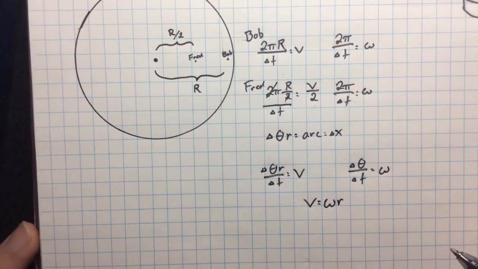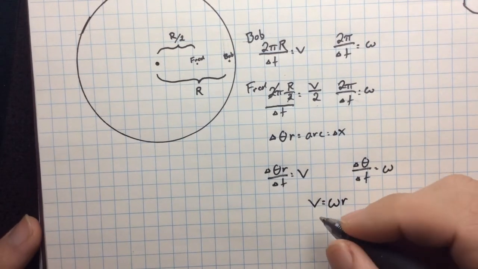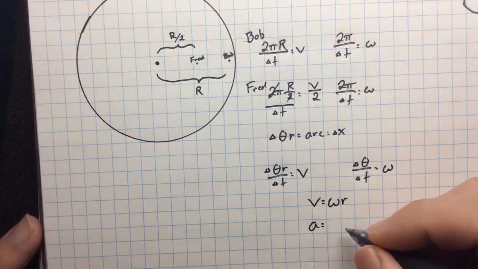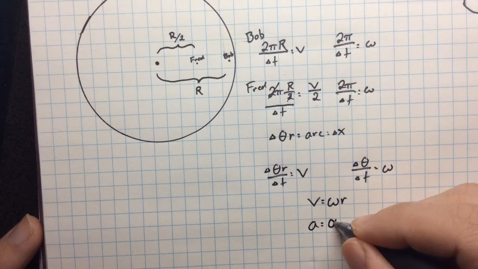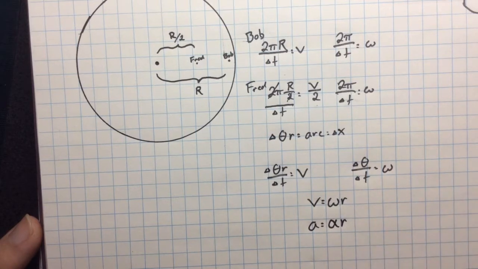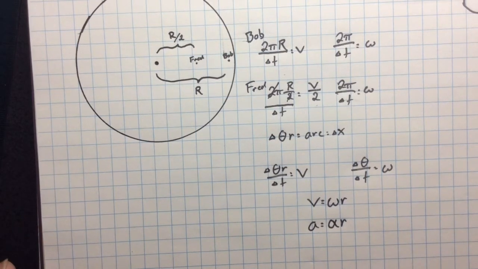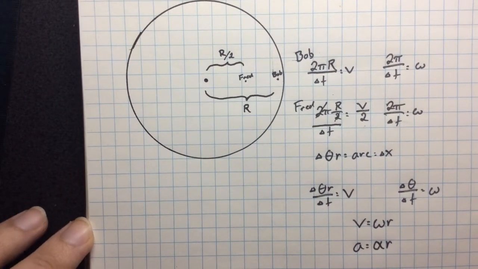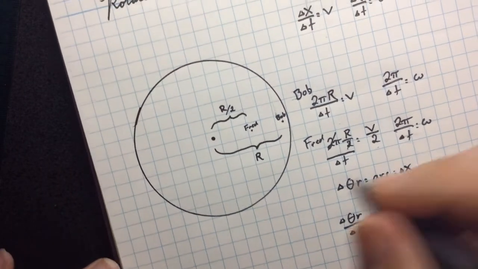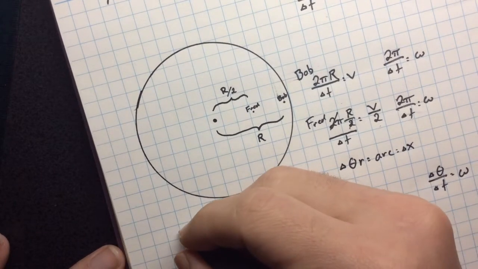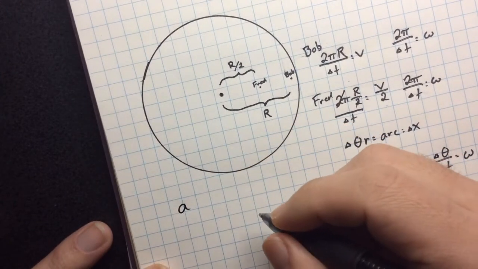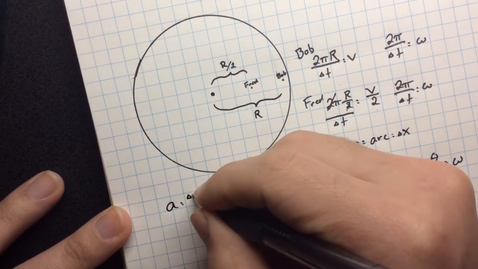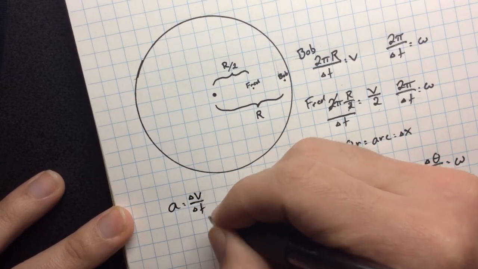All right, and that's going to go one step further, and we're going to say that the acceleration of them is going to be equal to the angular acceleration multiplied by r as well. So what it comes down to here is that the acceleration, as far as going in a straight line, this meters per second value, is a change in velocity over a change in time.